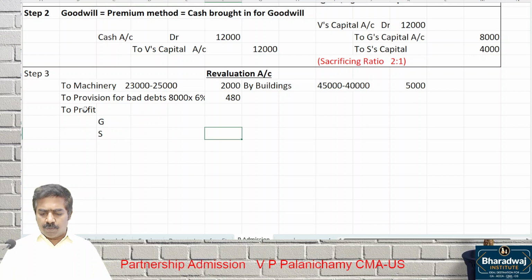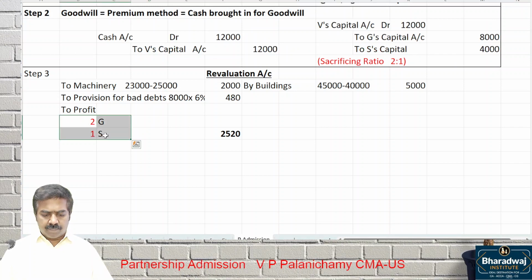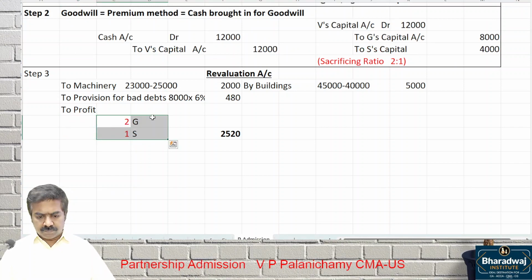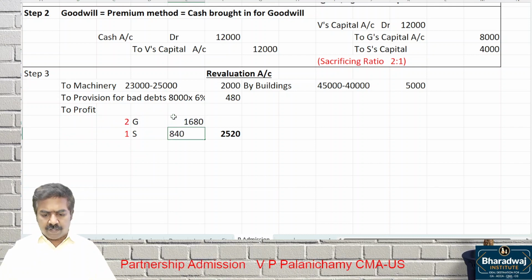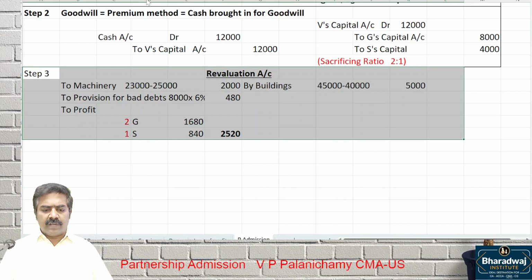G and S in the old ratio, 2:1. How much will it come? 1,680 and 840. Revaluation account is over.